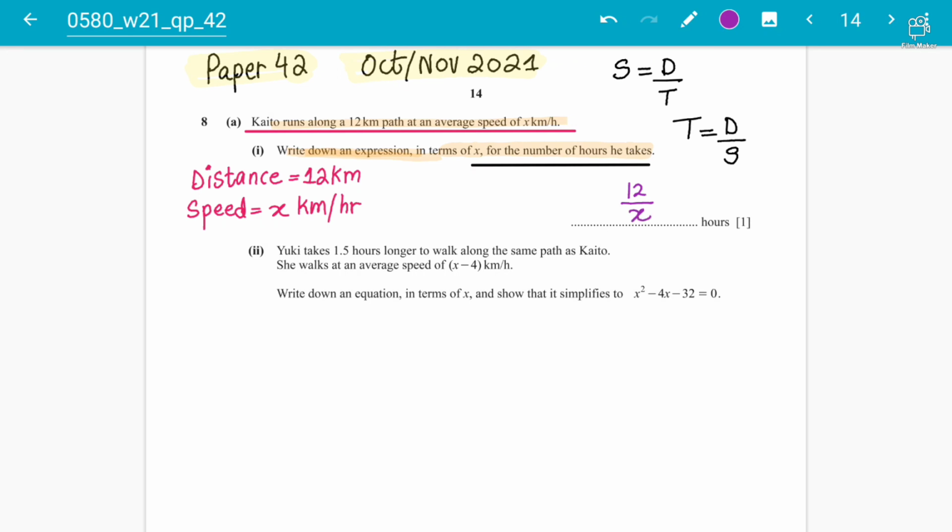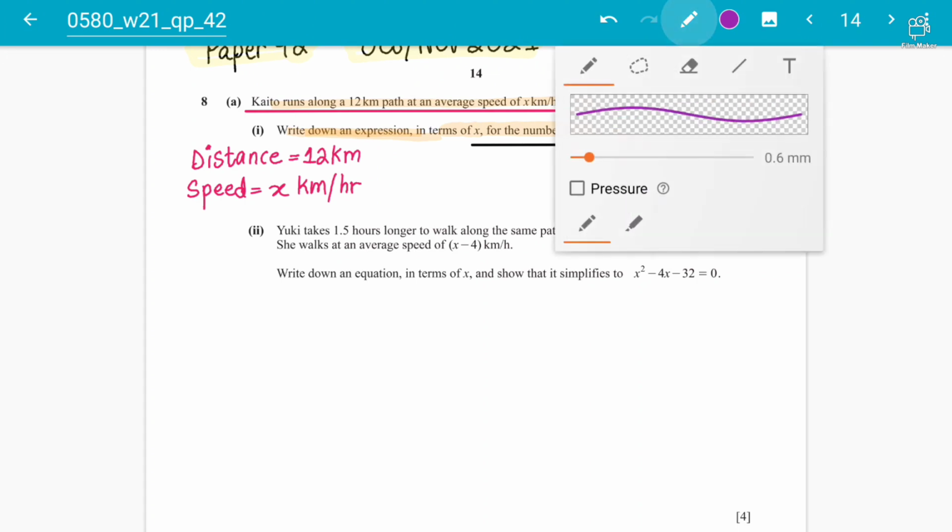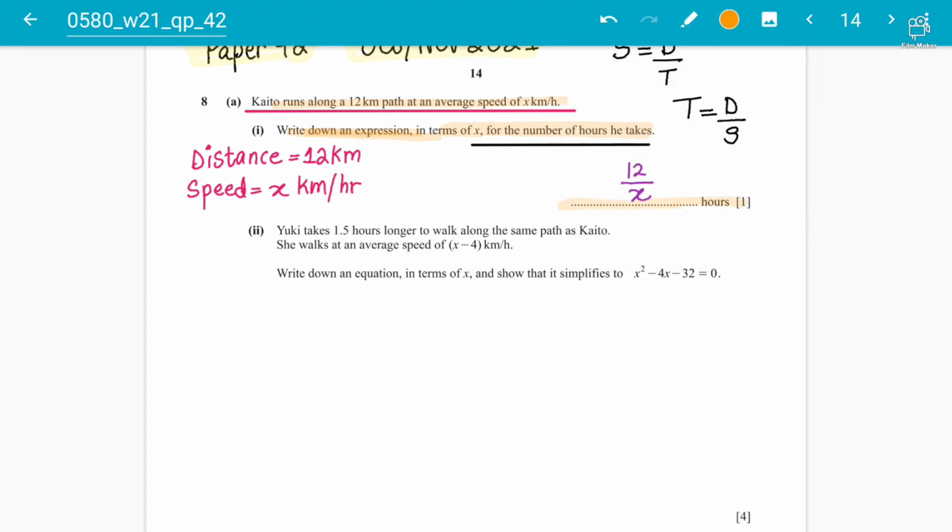So it will be 12 divided by x hours for the number of hours Cato will take to run the 12-kilometer path at x kilometer per hour. So this is the hours expression, for 1 mark.